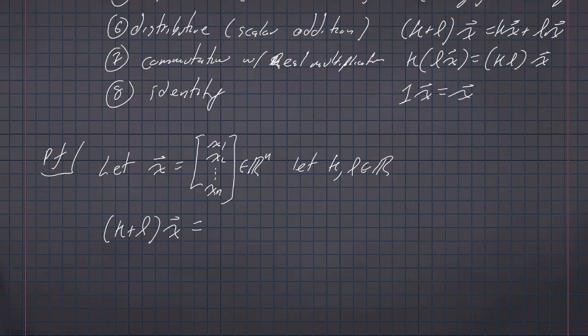By the definition of scalar multiplication, k plus l times x is k plus l times x1, k plus l times x2, all the way down to k plus l times xn.